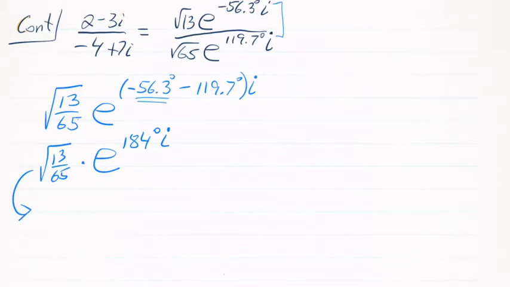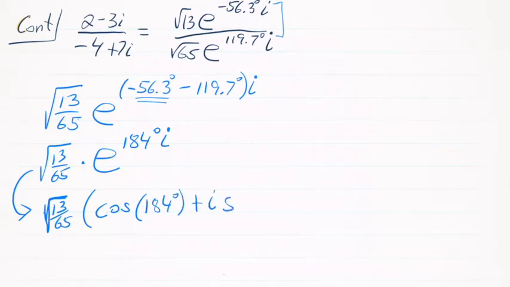So this would become the square root of 13/65. That square root covers the whole thing, there we go, times cosine of the angle, 184 degrees, plus i sine of the angle, 184 degrees. All right, so let's see how close this is to the real answer.